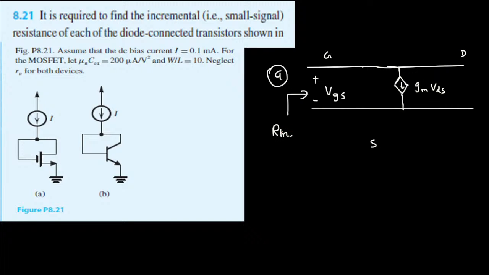Now to find the input resistance, we can use Ohm's law. Ohm's law says V is equal to I times R, therefore R is equal to V divided by I. In this case, the V is VGS, and the current flowing through this is gm VGS, okay, not VDS.